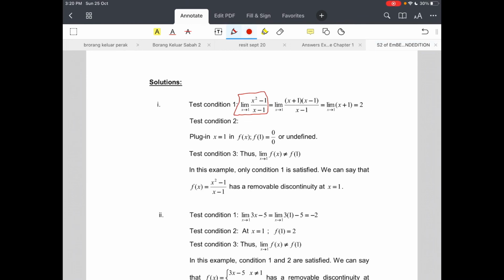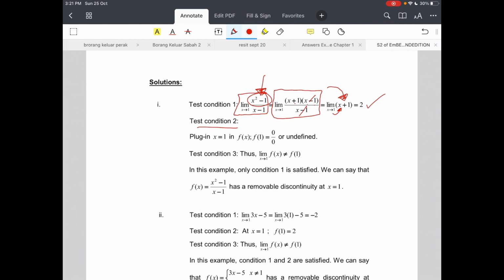To test the limit, you need to employ the factorization and cancel method, because we have a binomial here, so we expand to cancel it. You expand it, you obtain x plus 1 times x minus 1, so that we can cancel this. Then you can straight away plug in x equals 1 and yield 2.